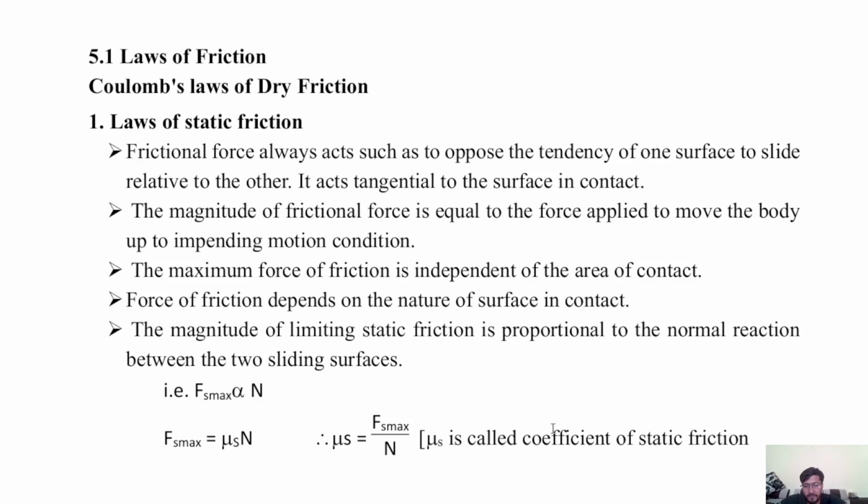Hence, the limiting static friction, that is maximum static friction, is directly proportional to the normal reaction. Here we can see Fs max is proportional to N. Fs max is equal to mu s into N. So mu s is equal to Fs max by normal reaction N. So mu s is the coefficient of static friction.